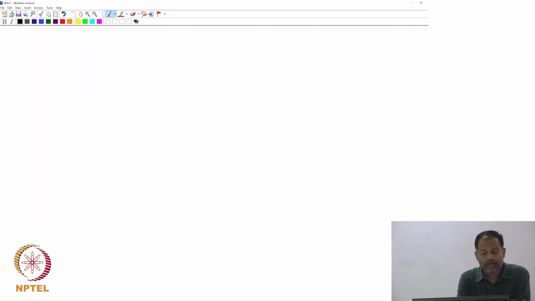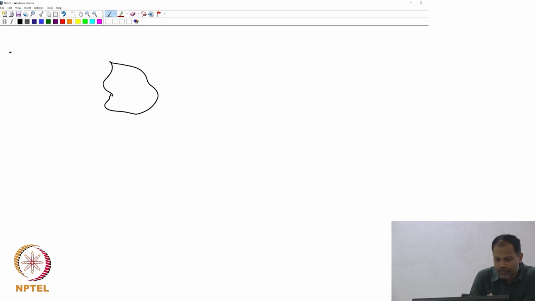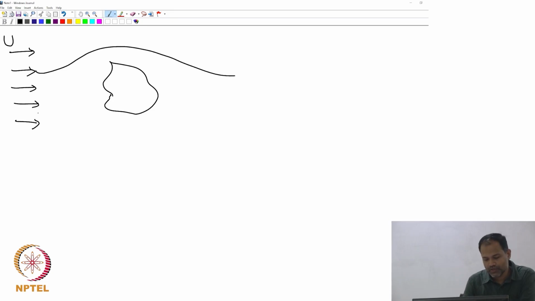So when you get a lot of data, let's look at a simple example and see what that means. Let's say you have some complicated shaped object, and there is a fluid that's going to come with some velocity u. The fluid will come and go past this object, right?